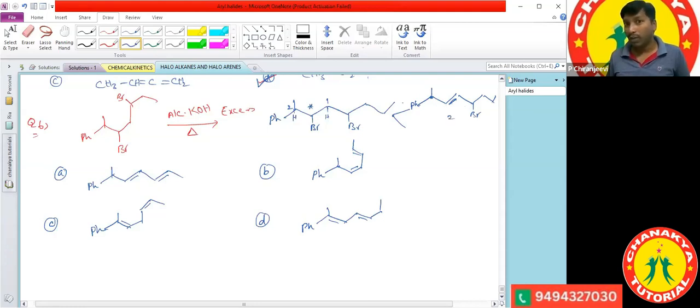And the second possibility we are checking. What is the second possibility? If you remove the bromine from the second carbon atom, a double bond is formed here, and this carbon is attached with the bromine. Now, let us check it out.